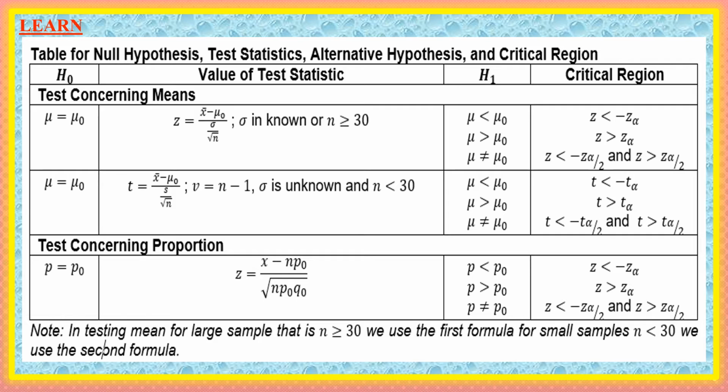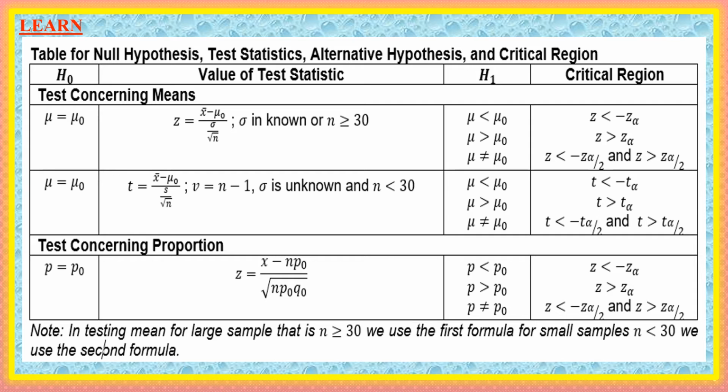For this test concerning proportion, our null hypothesis is p equals p null, and our test statistic is z equals x minus n times p sub 0 divided by square root of n times p sub 0 times q sub 0.